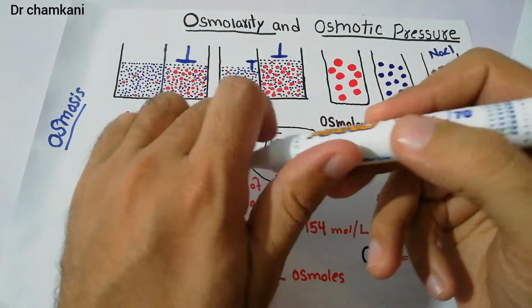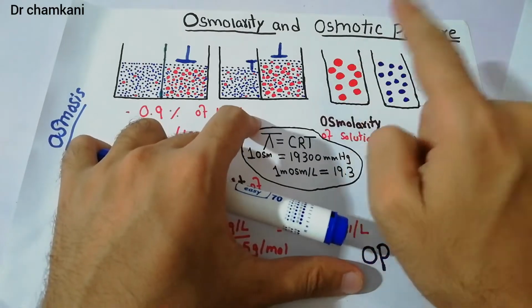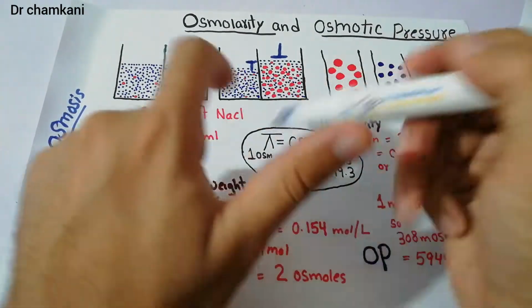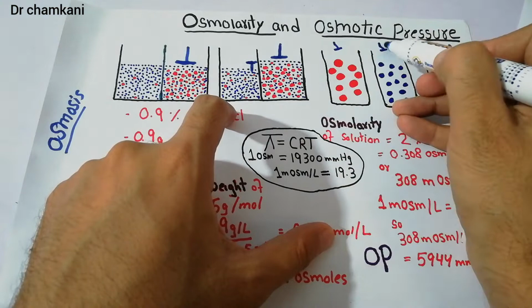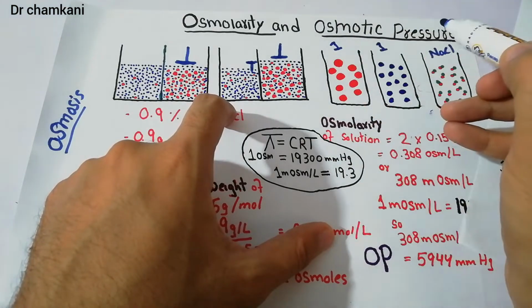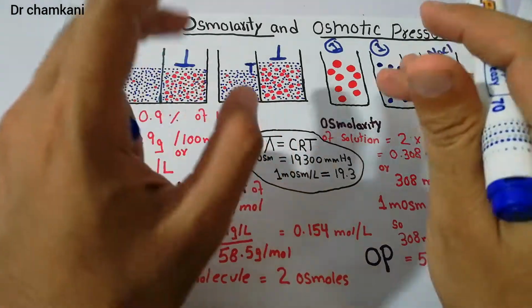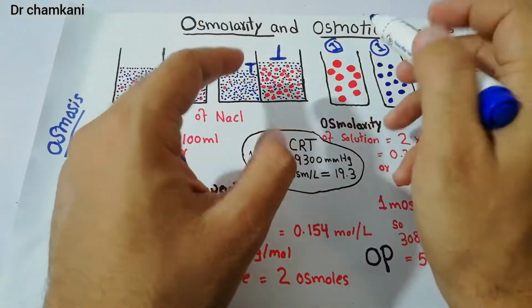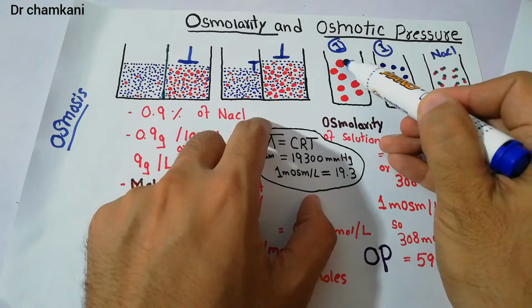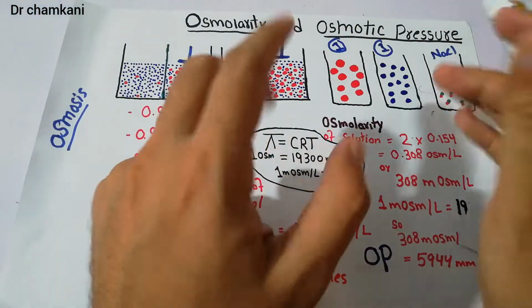Now, every molecule of albumin and every molecule of glucose has just one osmotically active particle, and osmotically active particles basically determine the osmotic pressure. The size of the particle and the molecular weight of the particle will not determine it.